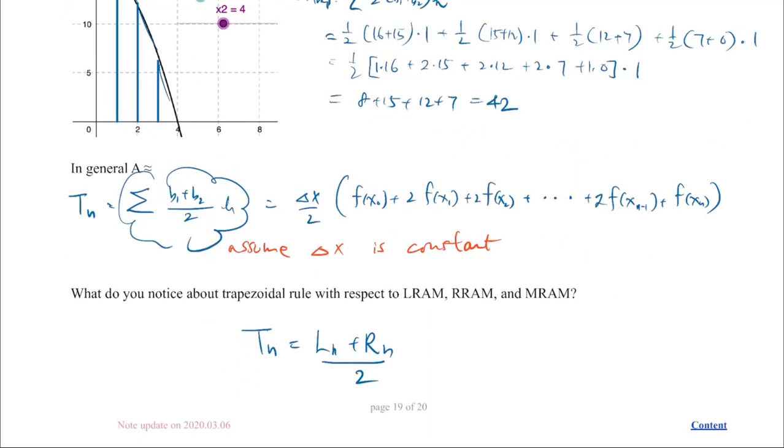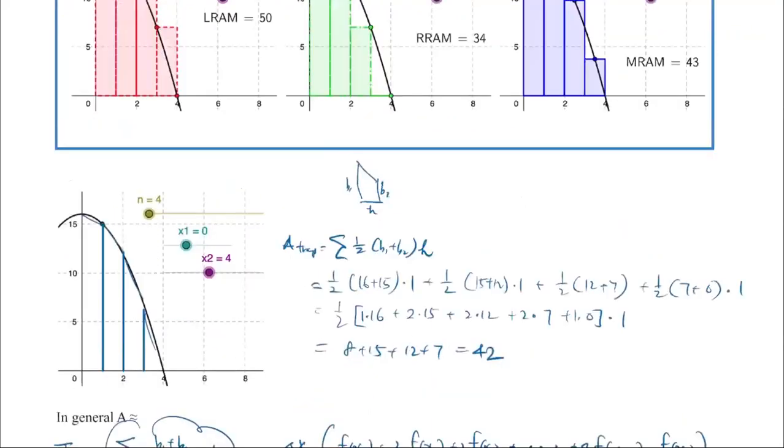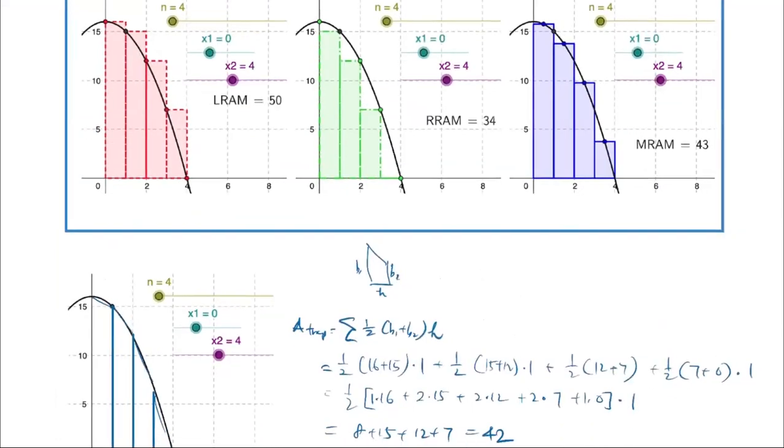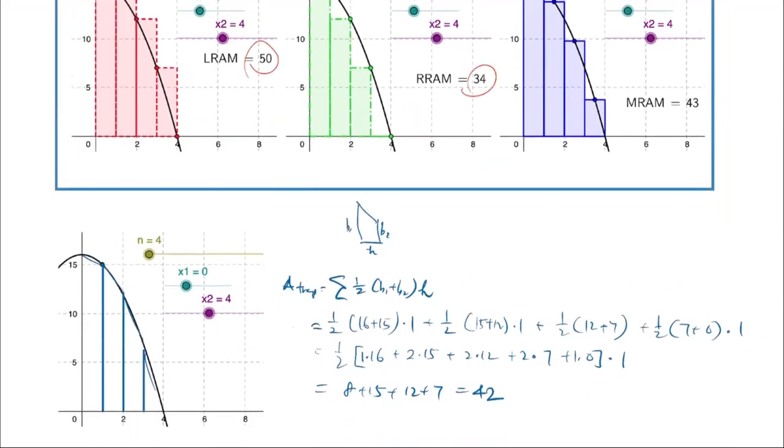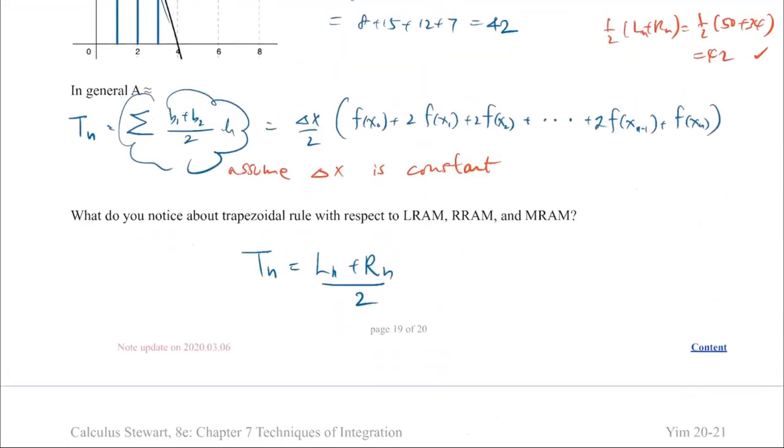But I think for us, it's sufficient that we simply say, okay, this and this, what is that equal to? So 1/2 of L plus R is what? 50 plus 34 is 42. Check. Okay. If you'd like to do a derivation on this one, I'll leave that as an exercise for you guys.